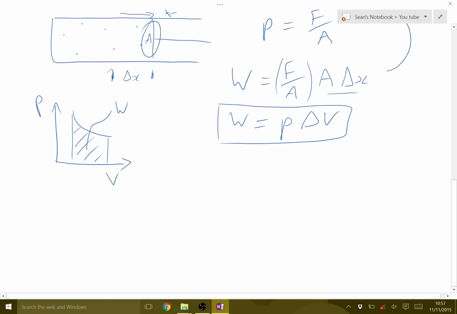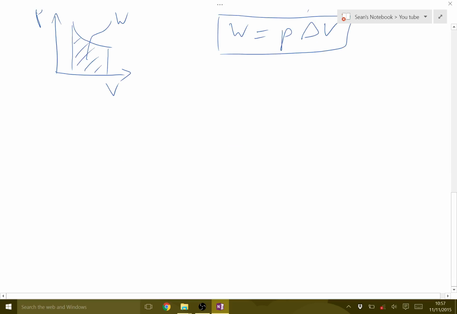So now we've got these terms work and heat, which tell us about how energy is transferred. How do we relate these to the change in internal energy? So let's imagine we have our system, and we want to know what is the change in internal energy. So remember, delta is just a sign for change.